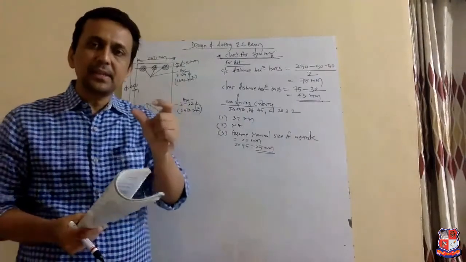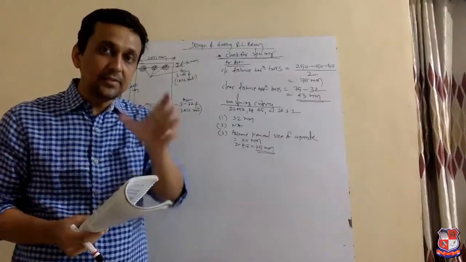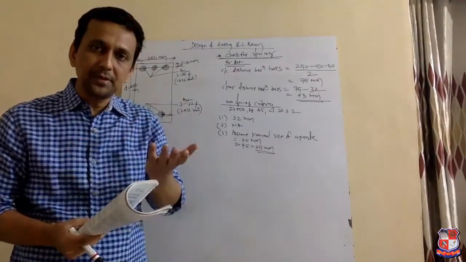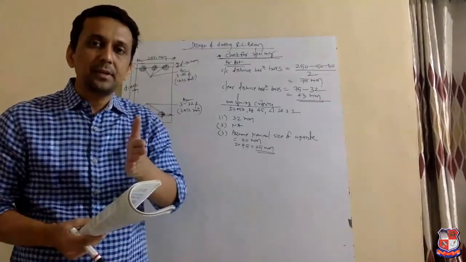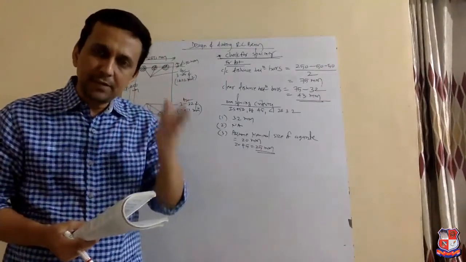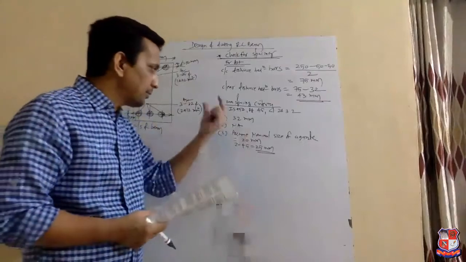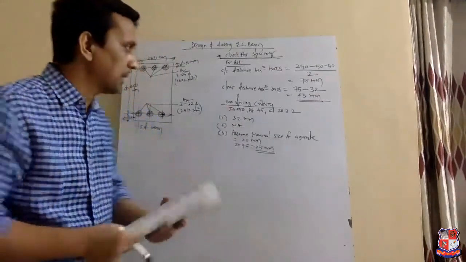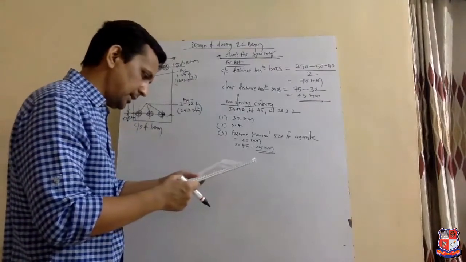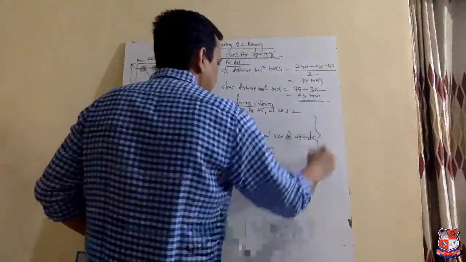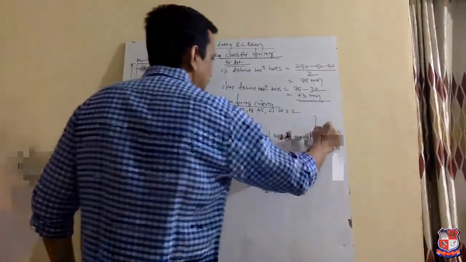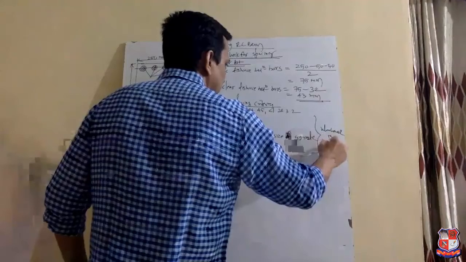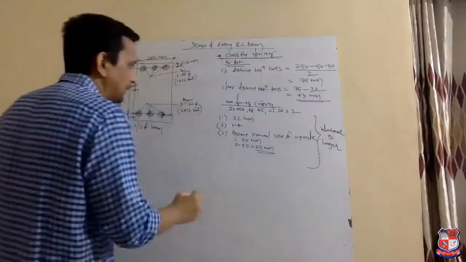Because if the spacing is less than the nominal size of the aggregate, what happens? Proper compaction can't be done. That's why they have recommended that the spacing must be greater than the size of aggregate plus 5, and the greatest of the following, whichever is larger, right?